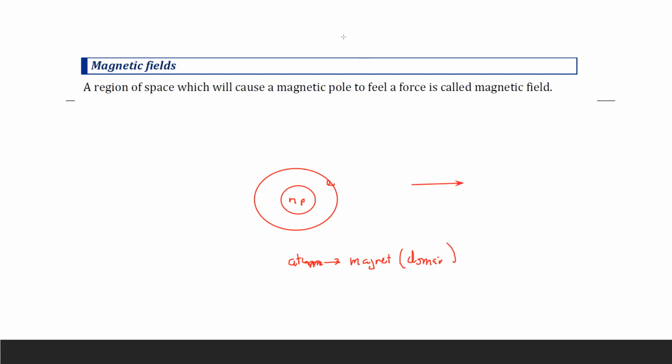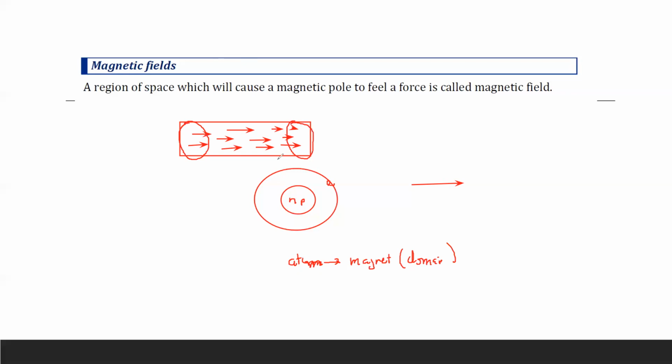Then for magnetic materials, a material which is behaving like a magnet, these domains are arranged in a regular pattern. So when domains are arranged in a regular pattern, the material will behave like a magnet, known as a magnetic material. For a magnetic material, there are two regions where the magnetic field is much stronger than any other part.